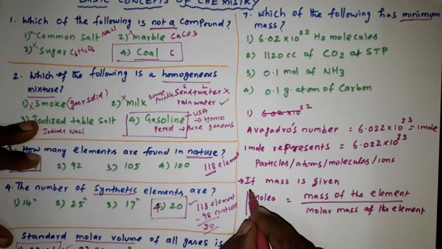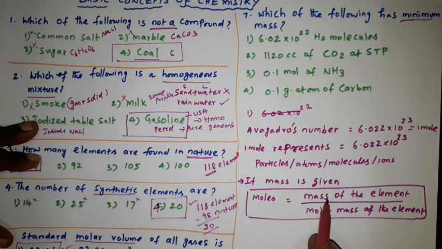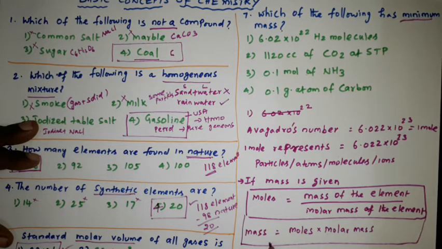So this is one formula. To calculate the number of moles, the given mass must be divided by the molar mass of the element, so you will get the number of moles. From this formula you can also calculate mass: mass equals moles into molar mass. This is another formula. If you know moles, you can easily calculate the mass of the element.